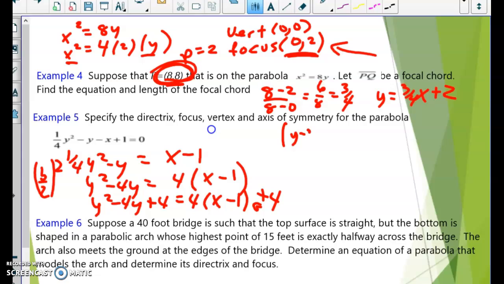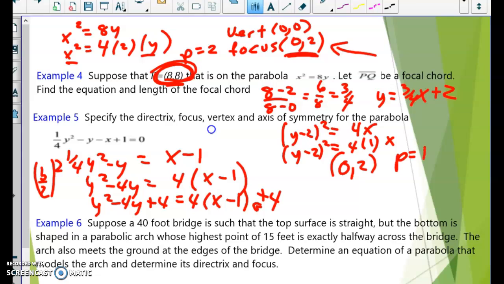I'm going to go with y minus 2 squared equals minus 4 plus 4. So I just get 4x over here. And so I'm going to say 4 times 1 times x. And so my vertex is going to be at (0, 2). And my p is going to be 1.